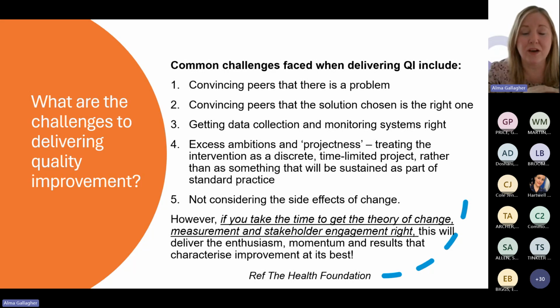And the other thing I think I have certainly fallen foul of this a number of times is that we've got excessive ambition, or the projectness is so precious that actually that becomes bigger than the impact or the plan, and that actually it's really important that we treat the intervention as a discrete, time-limited project rather than thinking that's something that's going to continue going on and on.